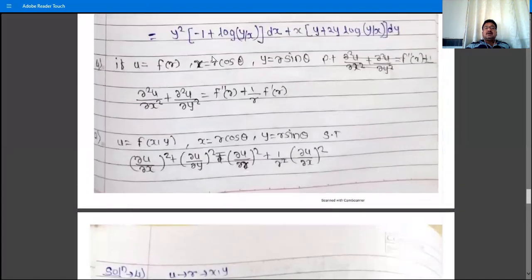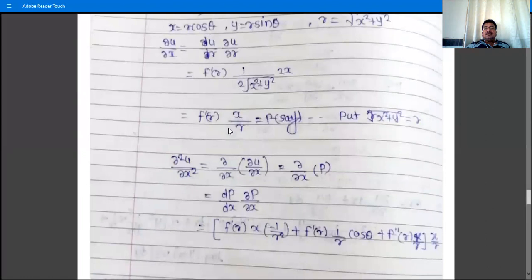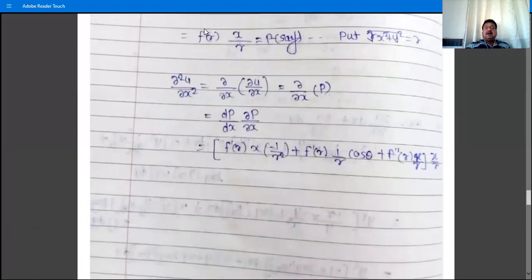p is this: f'(r) times x by r. So ∂p/∂r is found by the u into v rule, because f'(r) and x by r both are functions of r.